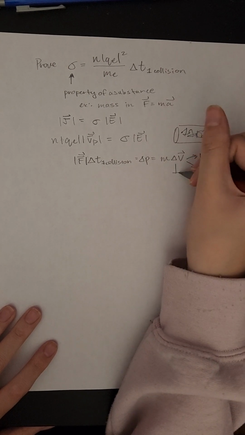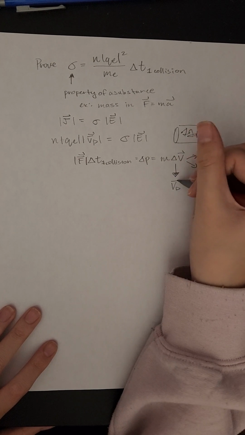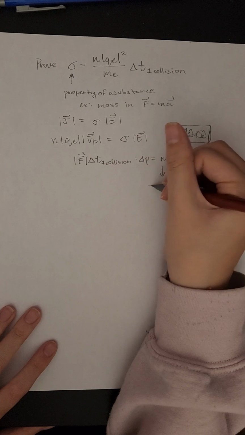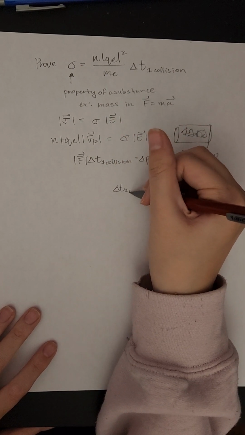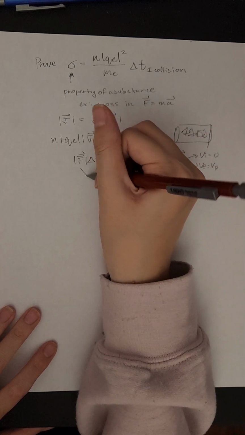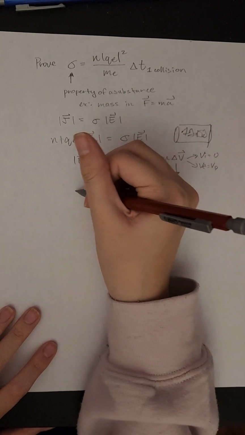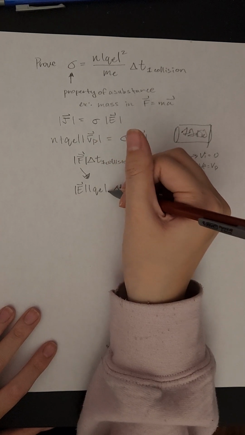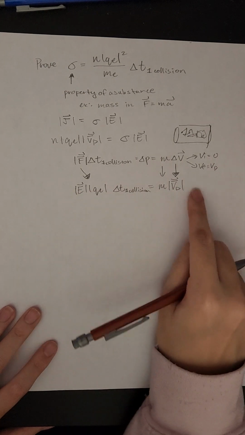So we could really rewrite this change in velocity as the average drift velocity, and bring down the m, and we keep the time of one collision. But we can also rewrite the average force here as the electric field times charge, and we get this equation.